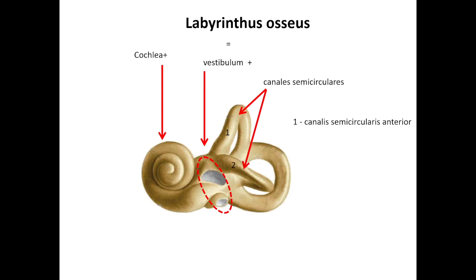Number 2 is canalis semicircularis lateralis. And number 3 is canalis semicircularis posterior. So labyrinthus osseus consists of cochlea, canales semicirculares, and they are connected with each other by vestibulum.